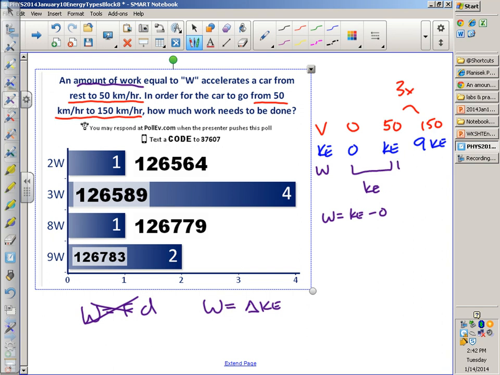But then going from here to here, work is equal to KE final minus KE initial. That's what delta means. So this is 9 KE minus KE. So the amount of work that we did was 8 KE.